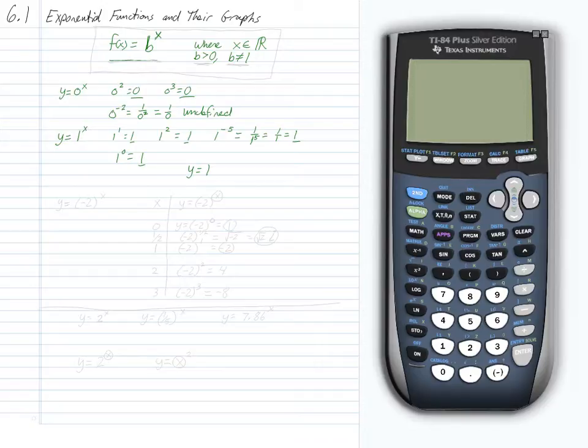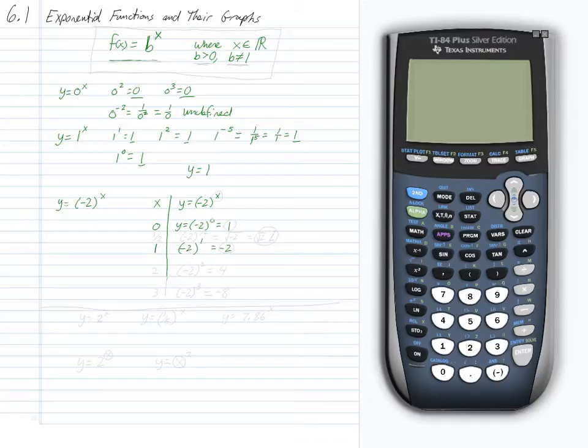Now something even weirder happens if we look at a negative base. If we look at y equals negative 2 to the x, I'll come up with a table for what's going on with this one. If we plug in 0, we get negative 2 to the 0, which is 1. Anything to the 0, except for 0 itself, gives us 1. If we raise negative 2 to the first, we just get negative 2.